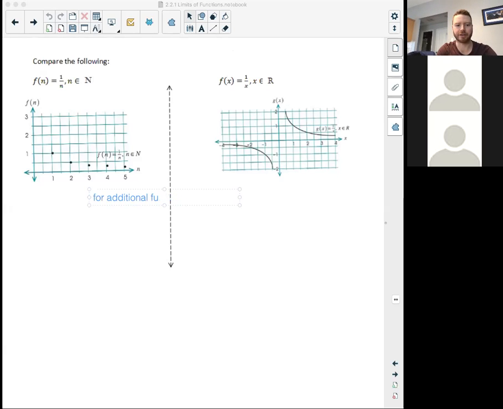For functions, we discuss additional limits, not just positive infinity and negative infinity. Okay, so I'll get this out of your way.